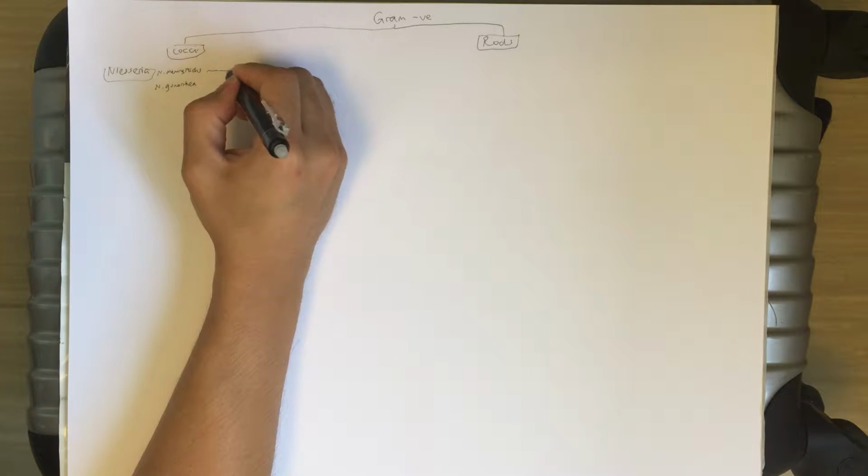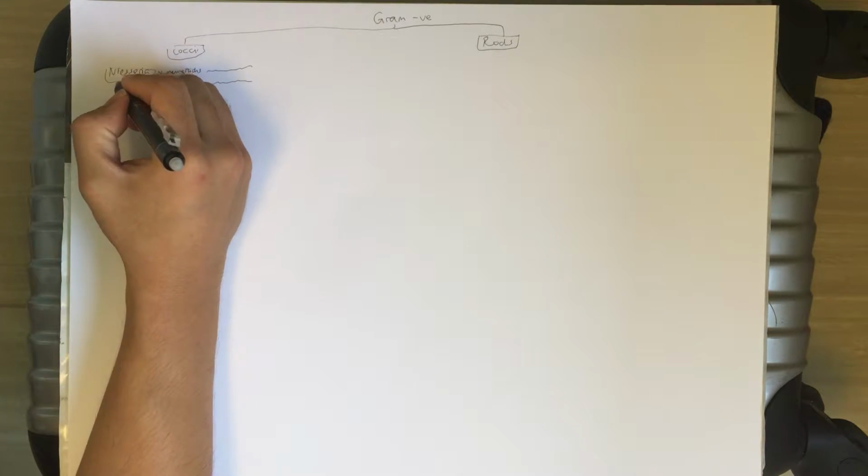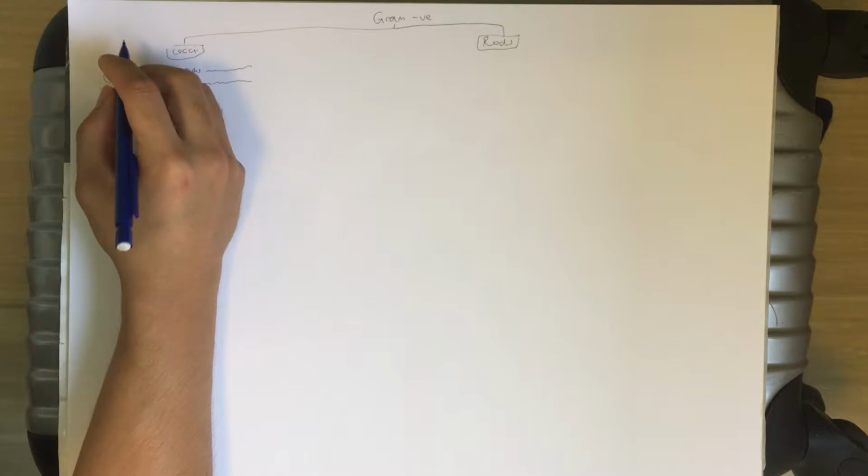I'm going to need to write information about this and this, and how to differentiate between the two. For instance, you can have it just underneath here and write it in pencil.